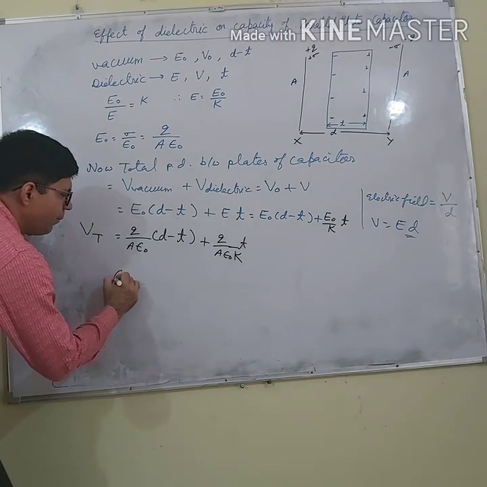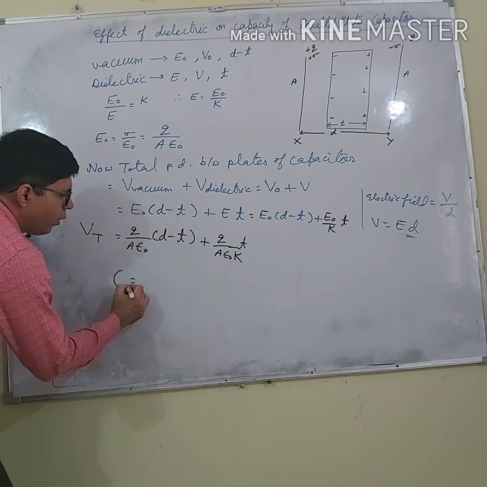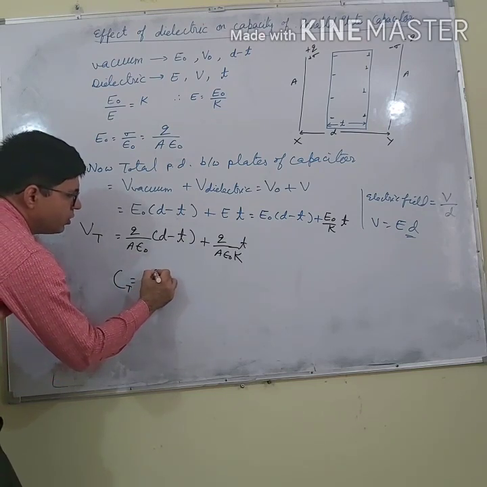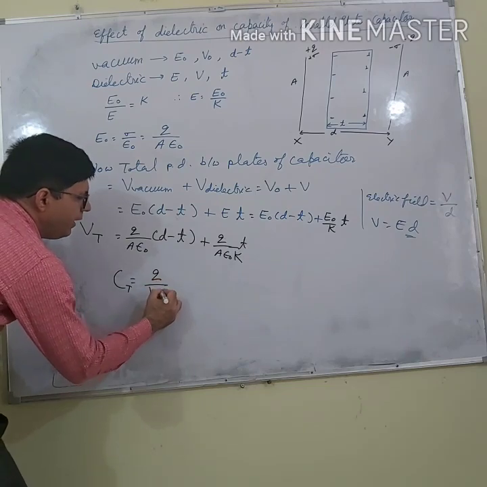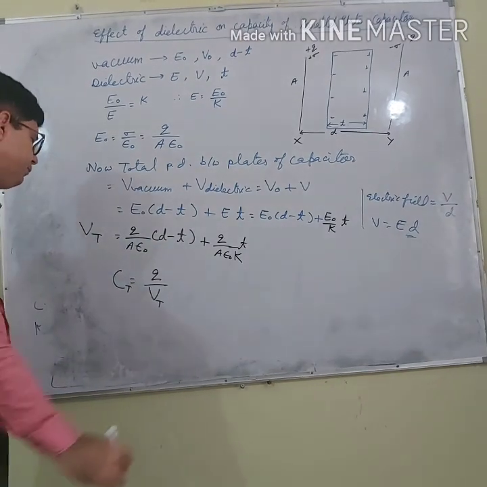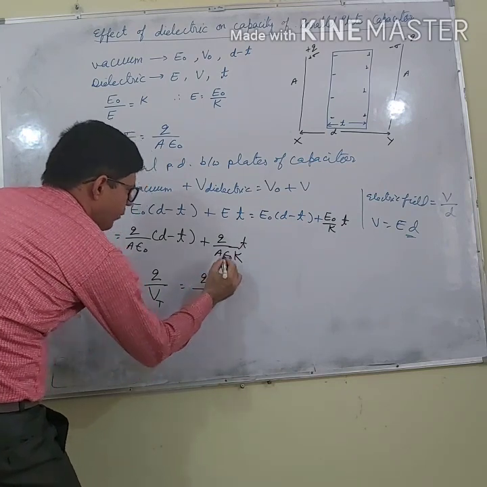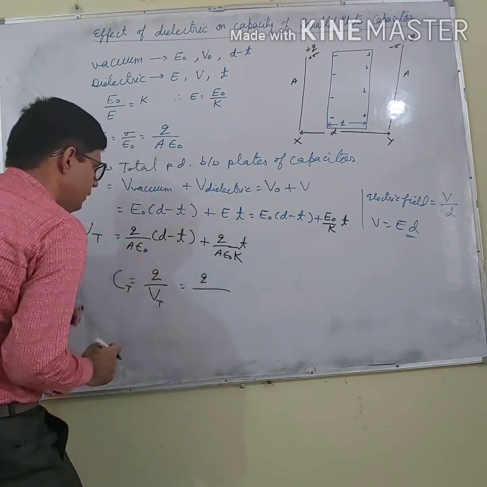Now what is the capacity? What will be the total capacity? Total capacity will be equal to charge divided by total V. So charge is Q, and let me put the value of this V total.